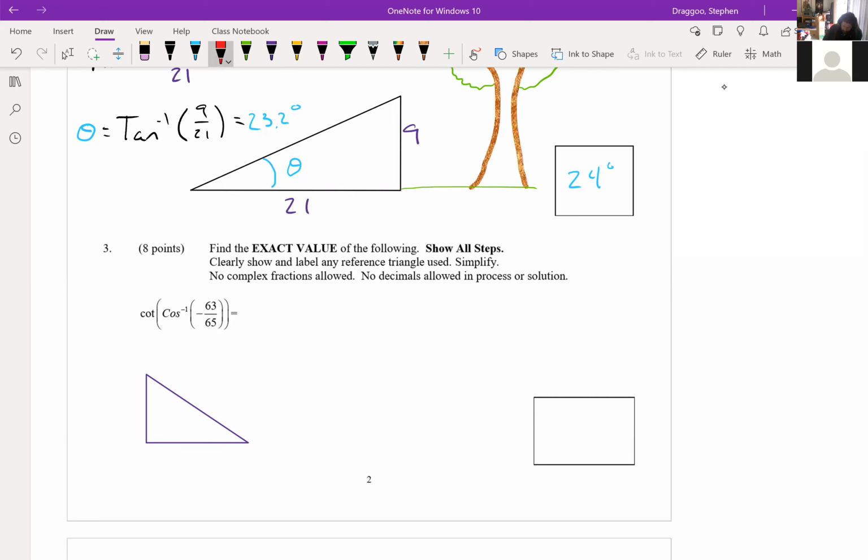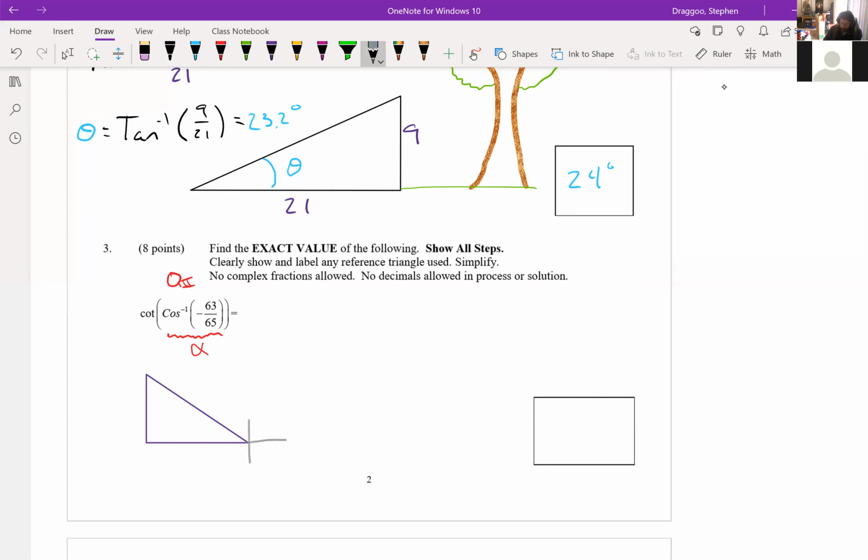The cosine inverse of a number is just an angle. Seems like we've usually been calling it alpha in the notes. And again, that's in quadrant 2 because it's cosine inverse of a negative number.